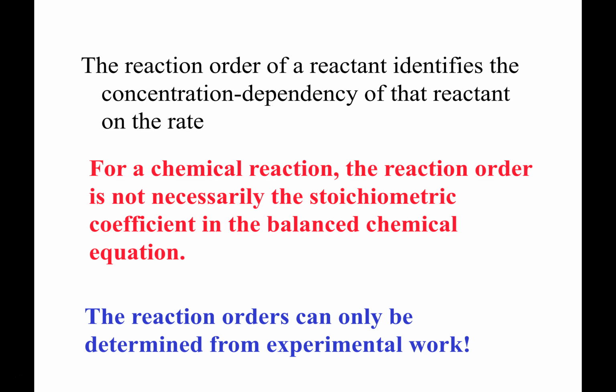In that case, we can actually use what's called molecularity, or stoichiometric coefficients. I hesitate to say that as the reaction orders, but only in that case. Otherwise, we get the M and N, the reaction orders for A and B, through experimental work. That's it.